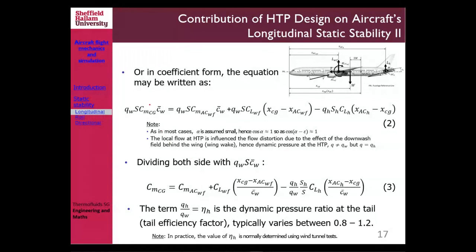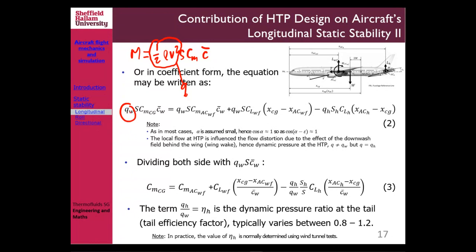Now if you put it in coefficient form, as I mentioned, the moment is basically half rho v squared S c times Cm. In this case, c is the mean aerodynamic chord. Half rho v squared is what we call the dynamic pressure q.